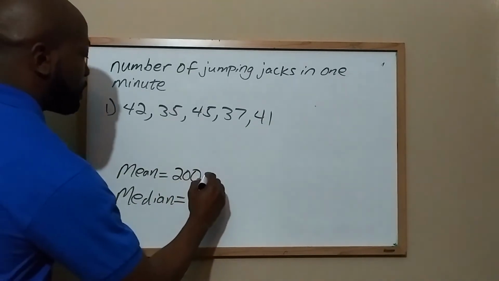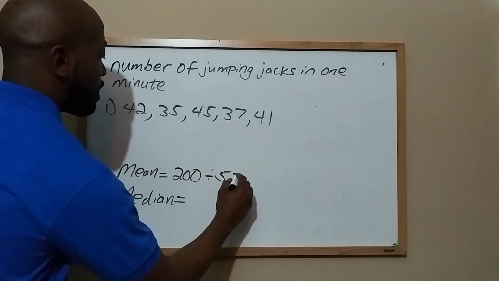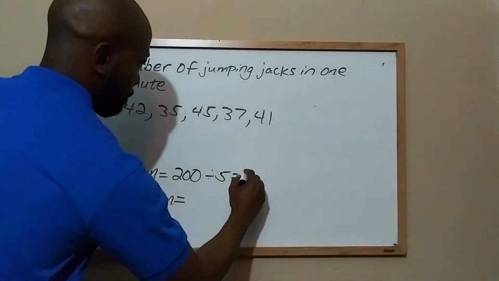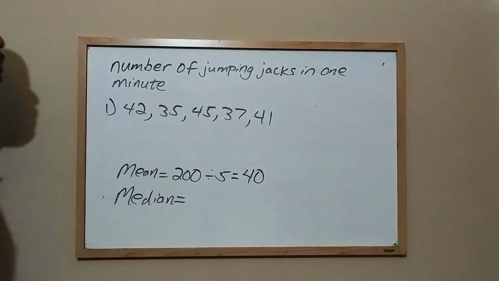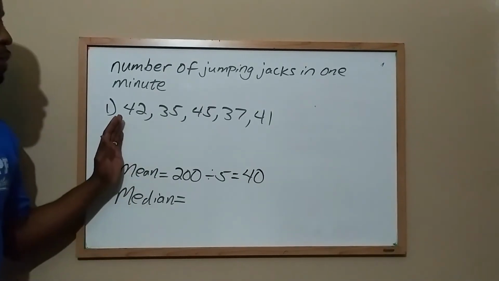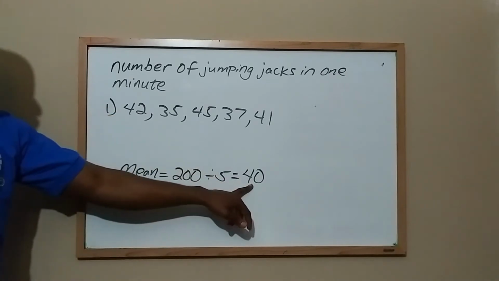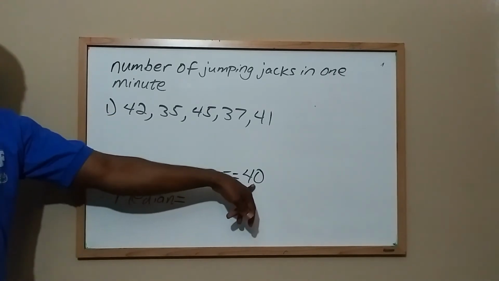So if we calculate 200 divided by 5, that gives us 40. So the mean, or another word for the average for this list of numbers, would be 40. This 40 describes the center of the numbers.